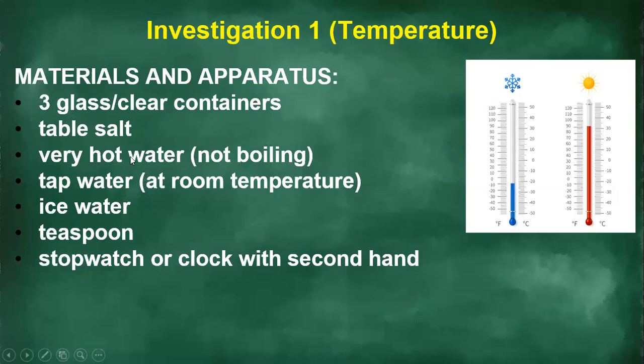So these are the different temperatures of the water. One is hot water, one is tap water, and one is ice water. Ice water is water from the fridge. You'll need a spoon, and then you'll need a stopwatch. If you don't have a stopwatch, most of you have phones. On your phone, you have the clock, and on your clock, you have a stopwatch.